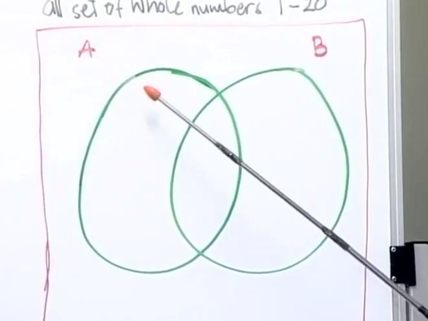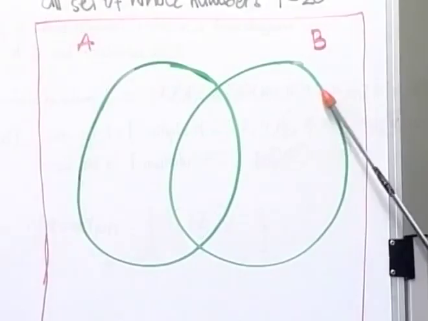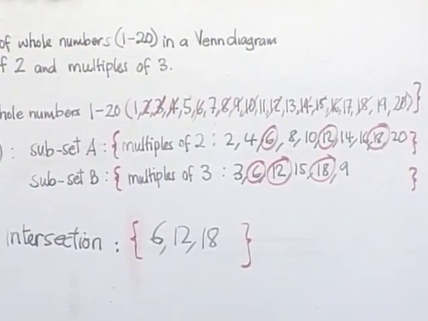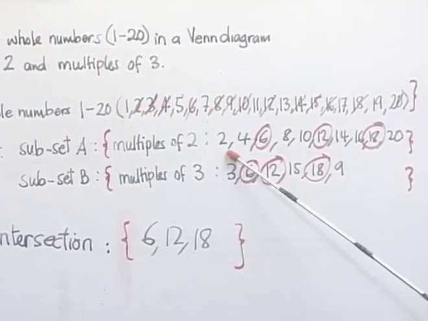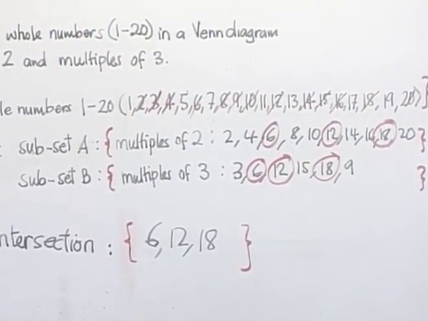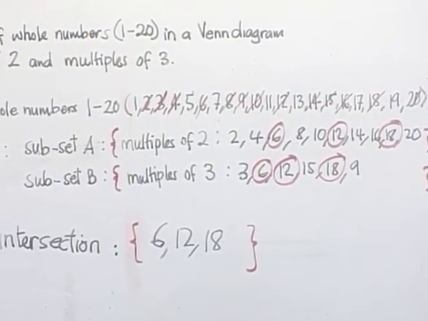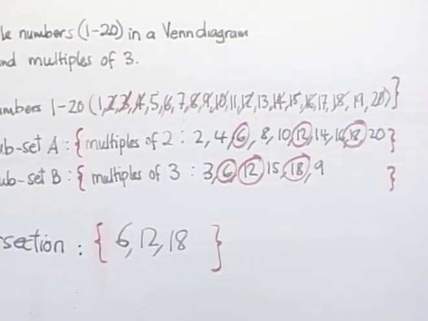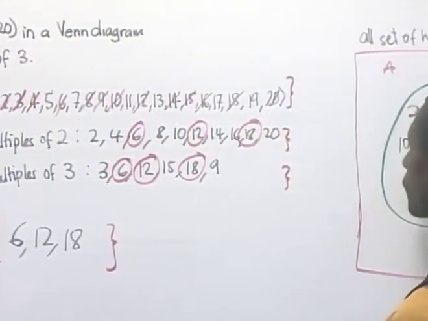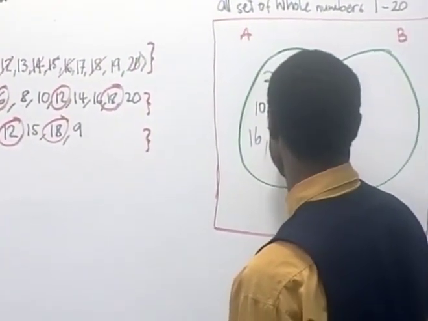The A represents all the subset A. What is subset A? So, multiples of 2. And B represents multiples of 3. So these are all multiples of 2: 4, 8, 10, 14, 16, and 20.